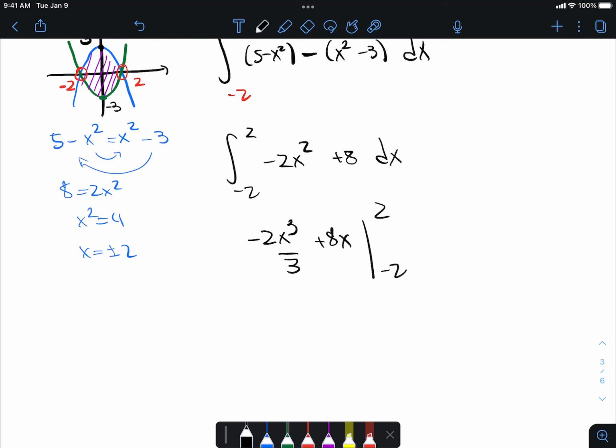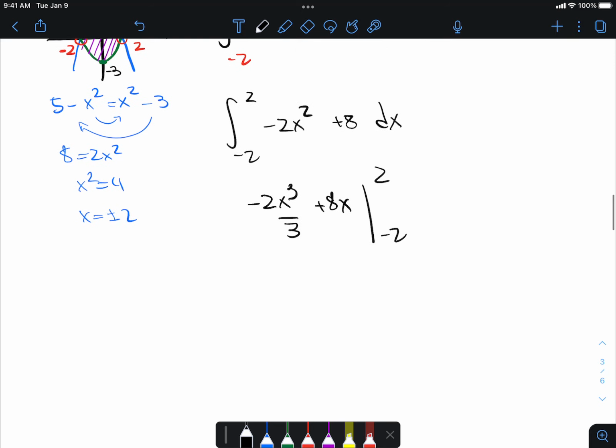That's the fundamental theorem of calculus. I plug things in, so plug in the 2 to get, minus 2 cubed is 8, so that's 16 over 3 plus 16. Remember, I'm plugging in 2 first, then minus, now plug in negative 2.